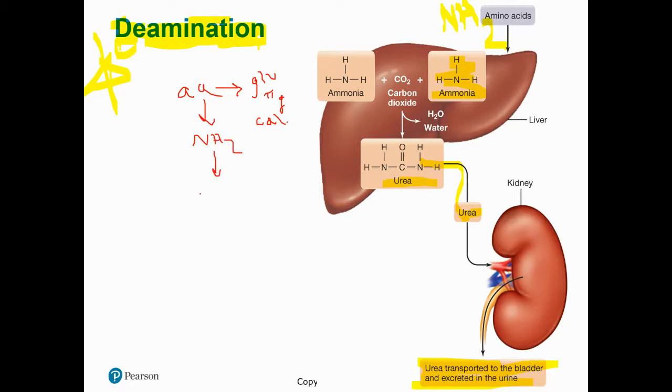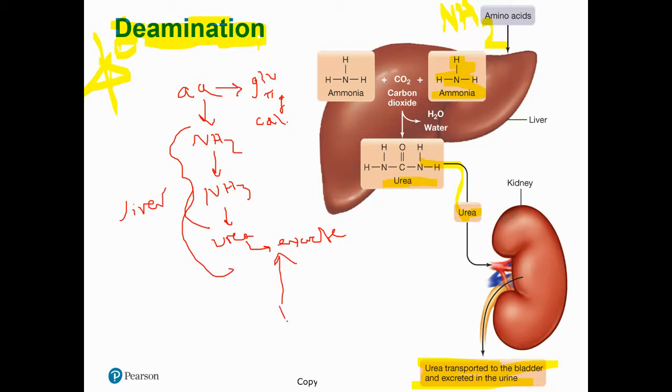And you're going to convert the amine group to ammonia, NH3, and then to urea, and then excrete the urea. And this process happens at the liver. And this process happens at the kidney.